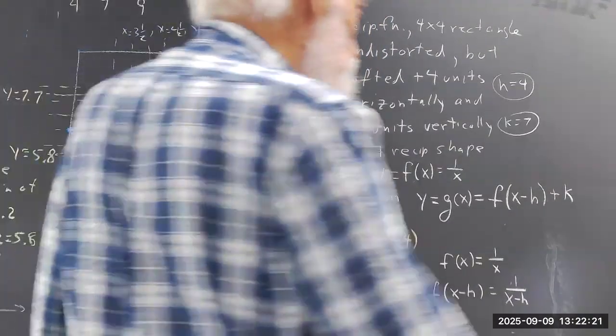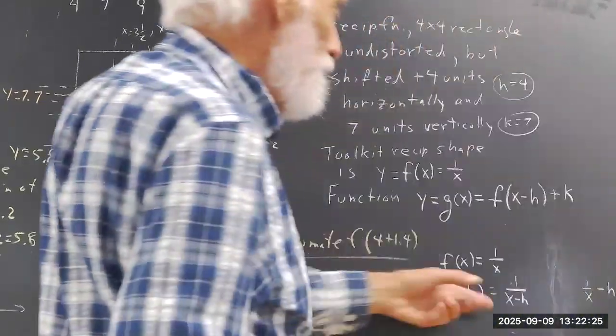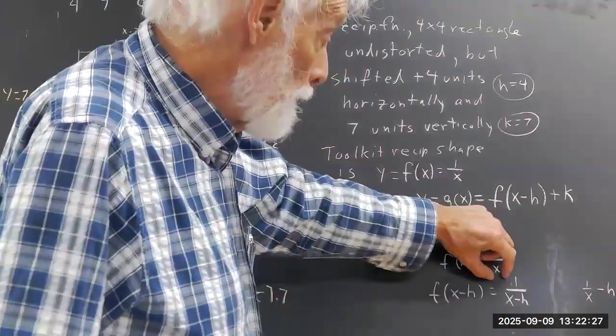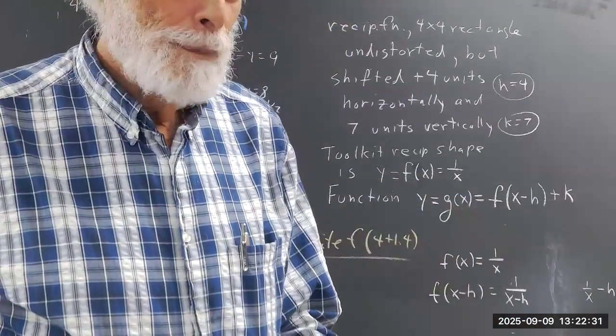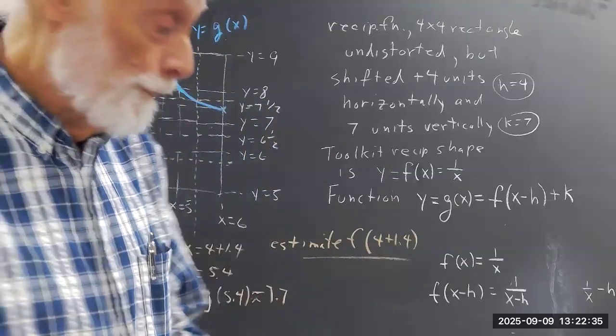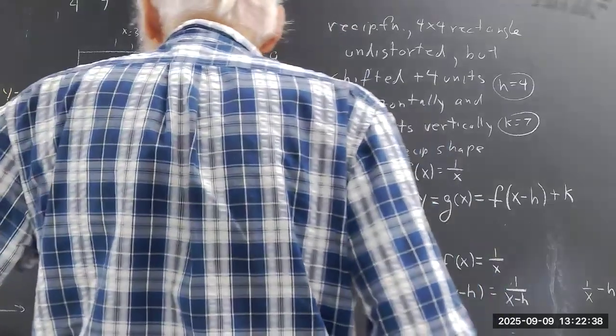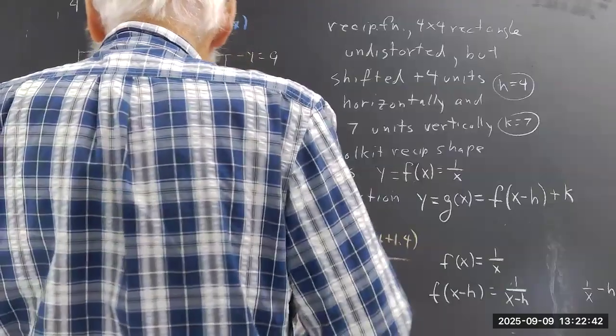Now, some people wrote 1 over x minus h, but that's not what you get if you replace x by x minus h, is it? Okay, so be sure you know how to use function notation. You're just replacing x with whatever is in parentheses.